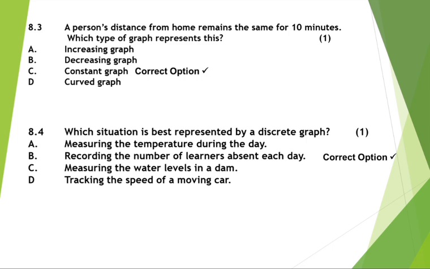Tracking speed might give whole numbers, but usually you can also get decimal numbers. But for the number of learners, it's a whole number. If they are all present, absent is 0. If one is absent, 1, 2, that's called whole numbers.